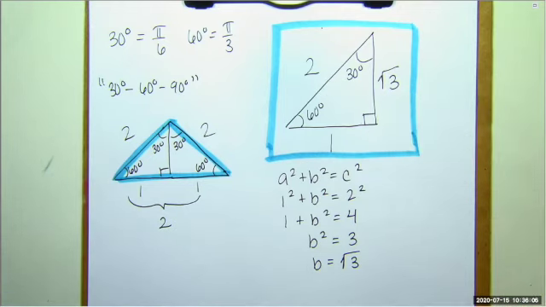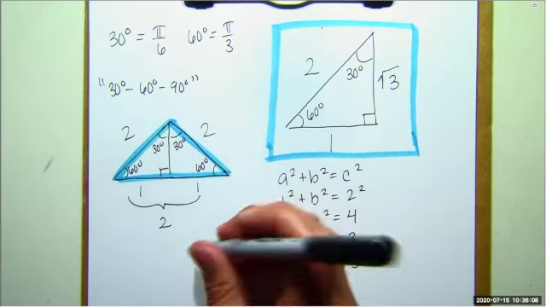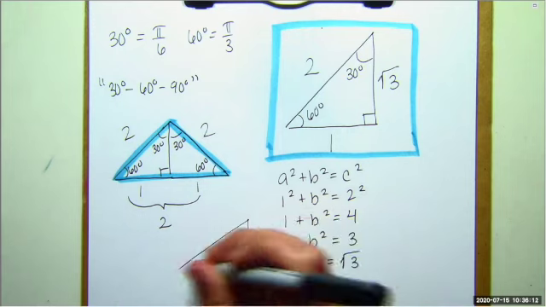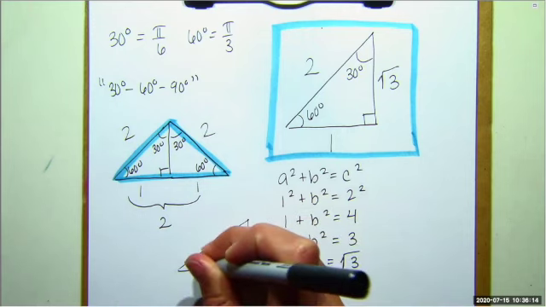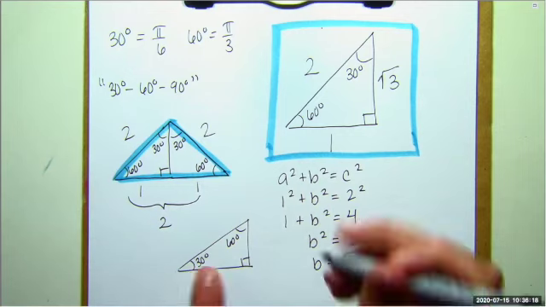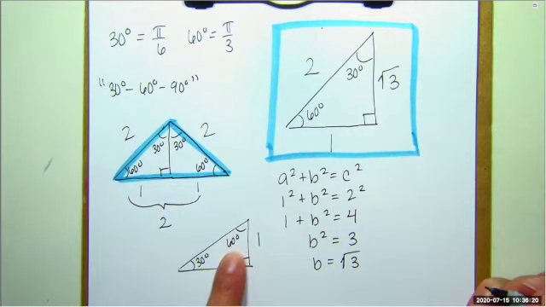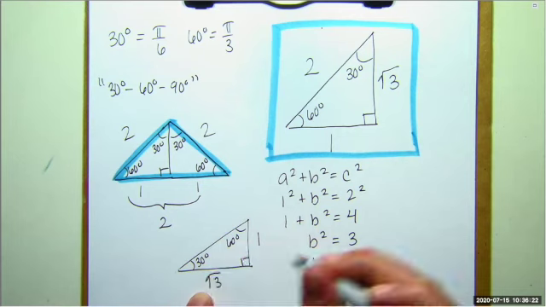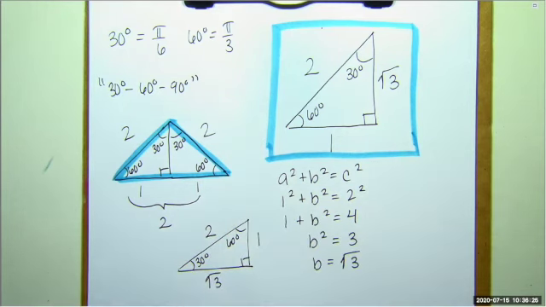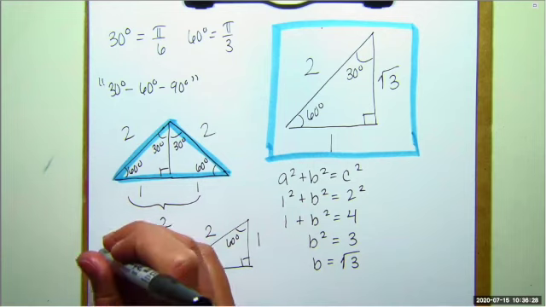Okay. So we can flip this around, right? If we have this triangle oriented differently, and it looked something like this, a 30, 60, 90, the side across from the 30 is the 1, the side across from the 60 is the root 3, and the side across from the 90 is the 2. And these triangles can be oriented any way, right?